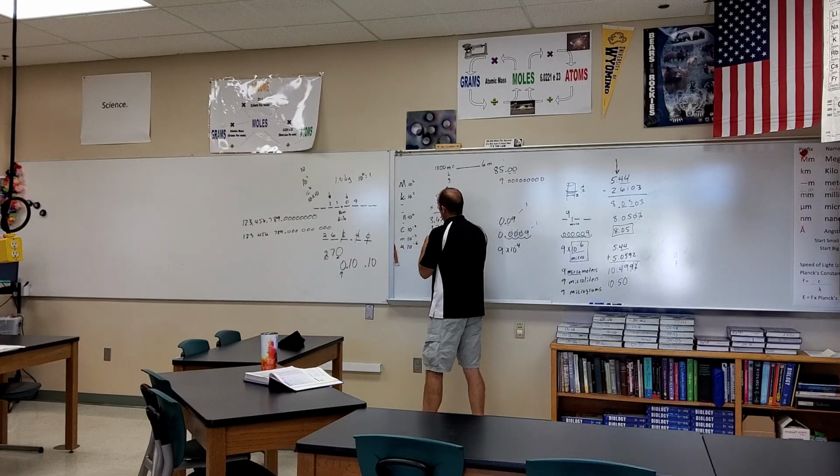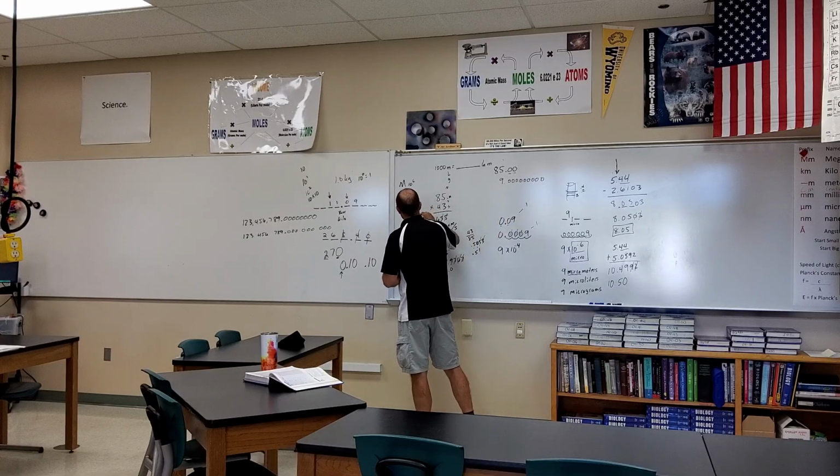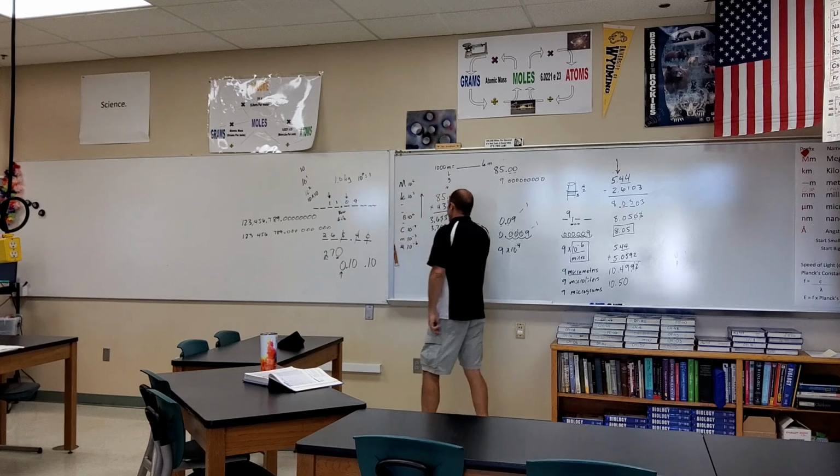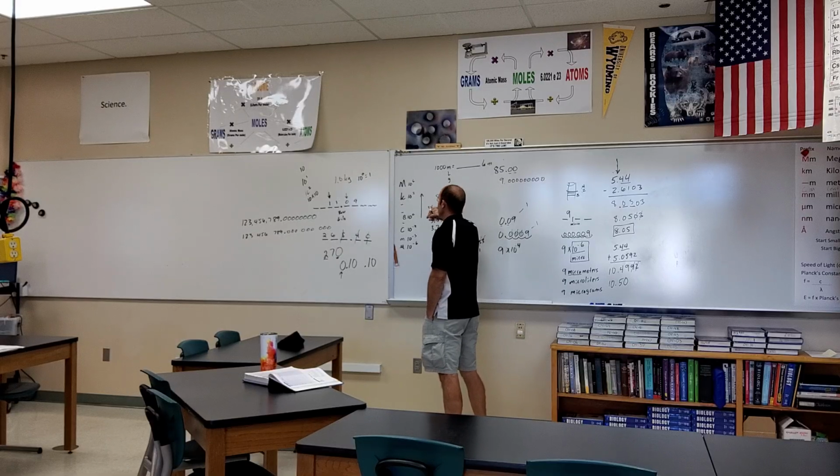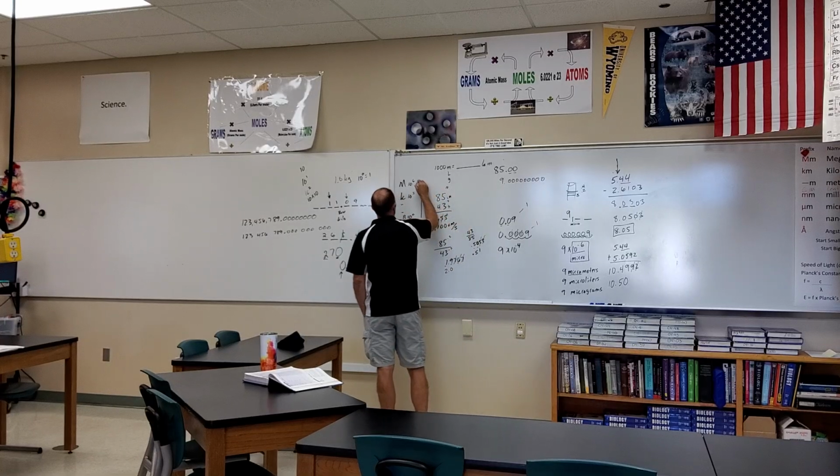To me, it was always better to say, all right, if I'm moving this way, it's easier for me to think that my number is getting smaller. Yeah, when I go to a bigger unit, my number gets smaller. So bigger to bigger gets smaller.